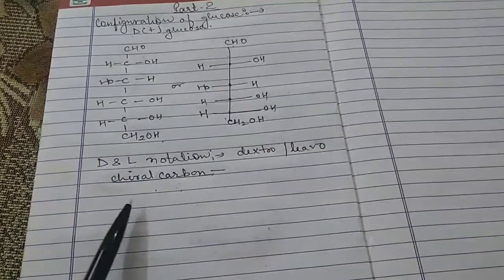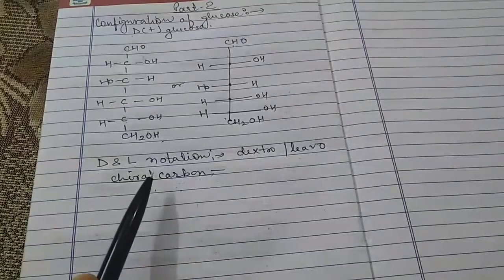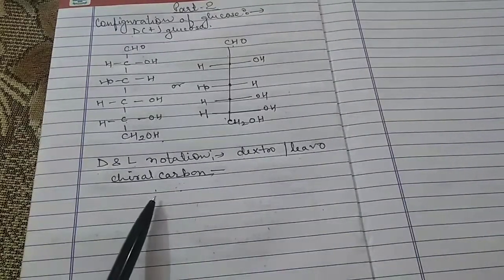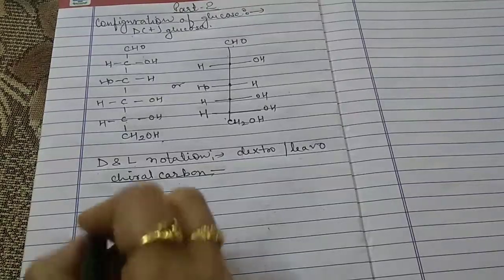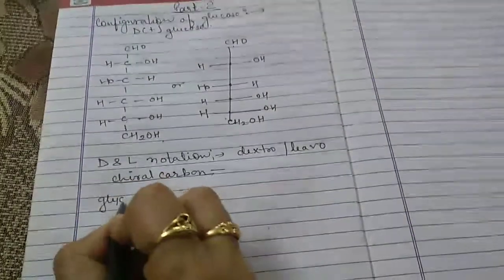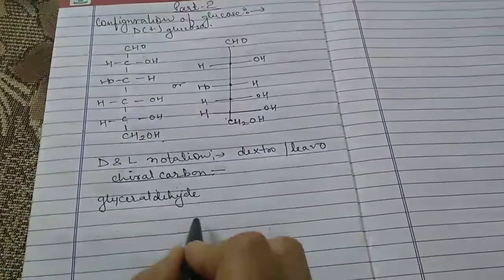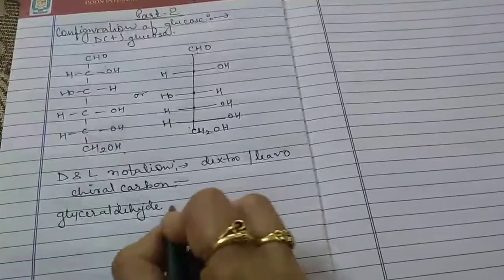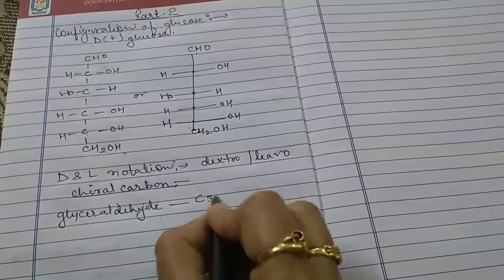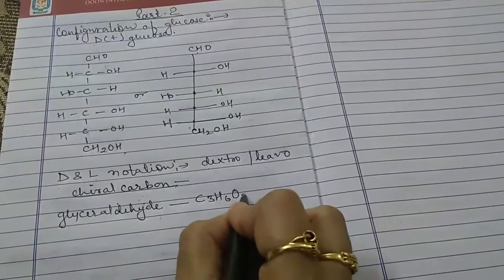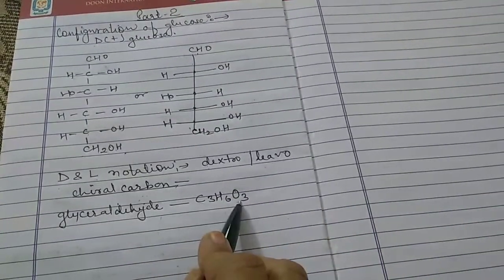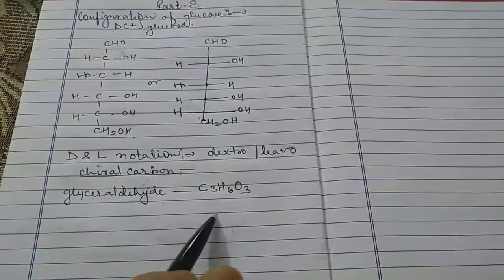So here we have the example of glyceraldehyde. We have one compound known as glyceraldehyde. Its formula is C3H6O3. This is the molecular formula of glyceraldehyde.